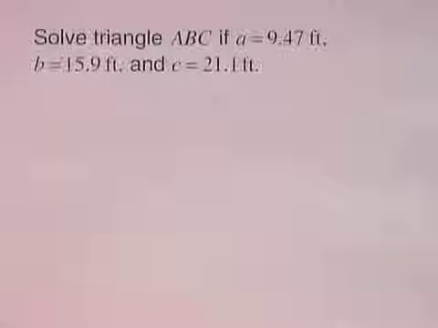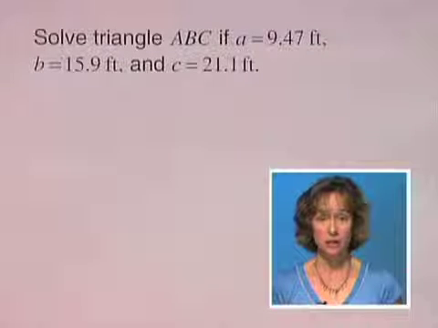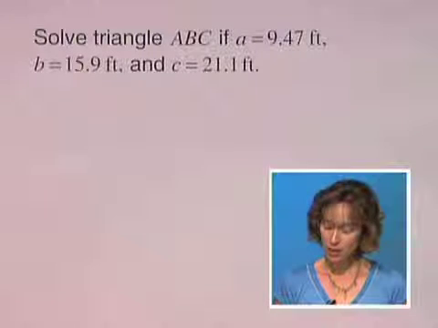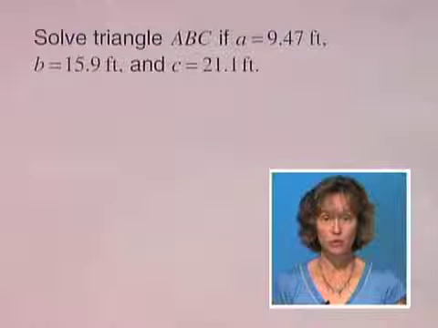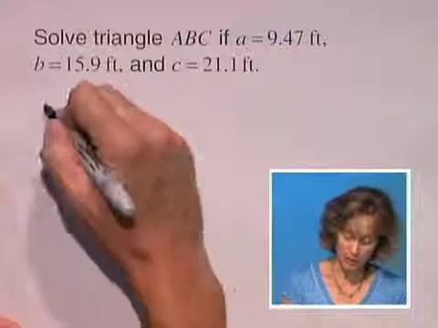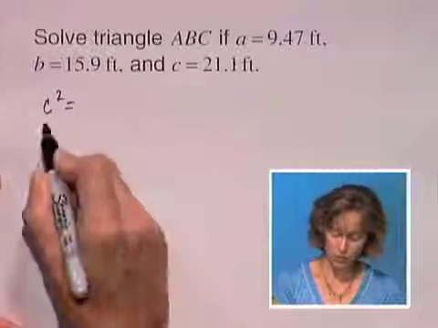Let's solve a triangle. We want to solve triangle ABC. If side A is 9.47 feet, side B is 15.9 feet, and side C is 21.1 feet. Well, if we're given three sides, we cannot use the law of sines, so we're going to have to use the law of cosines. Let's start this one by solving for angle C. Angle C is found using this version of the law of cosines.